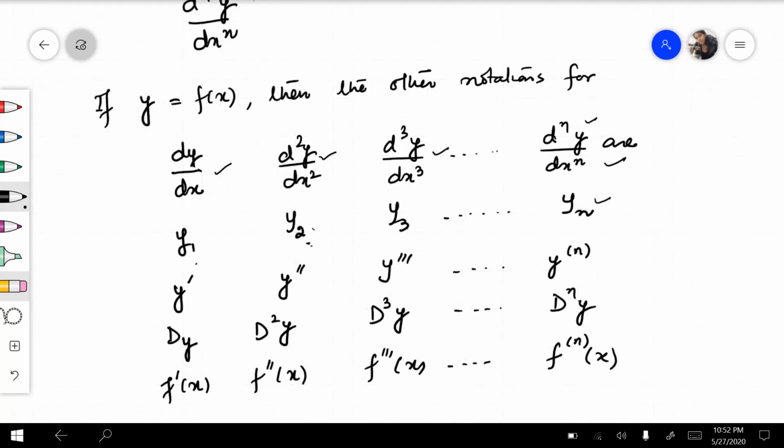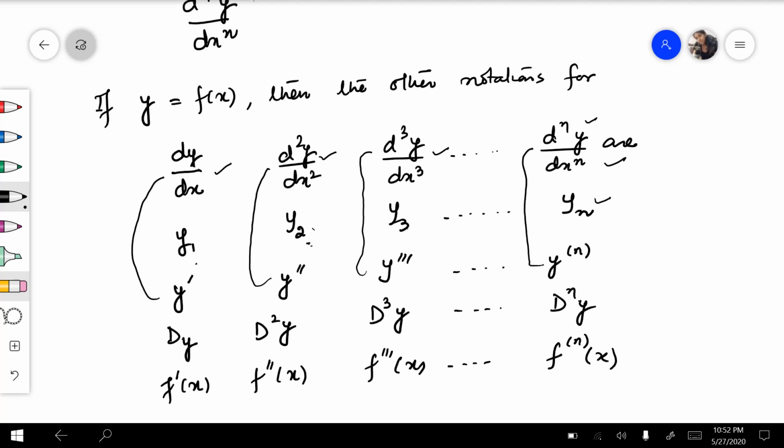Or the first order derivative may also be denoted by y dash, the second by y double dash, and the third by y triple dash, and so on. The nth order derivative is denoted by y raised to power n.